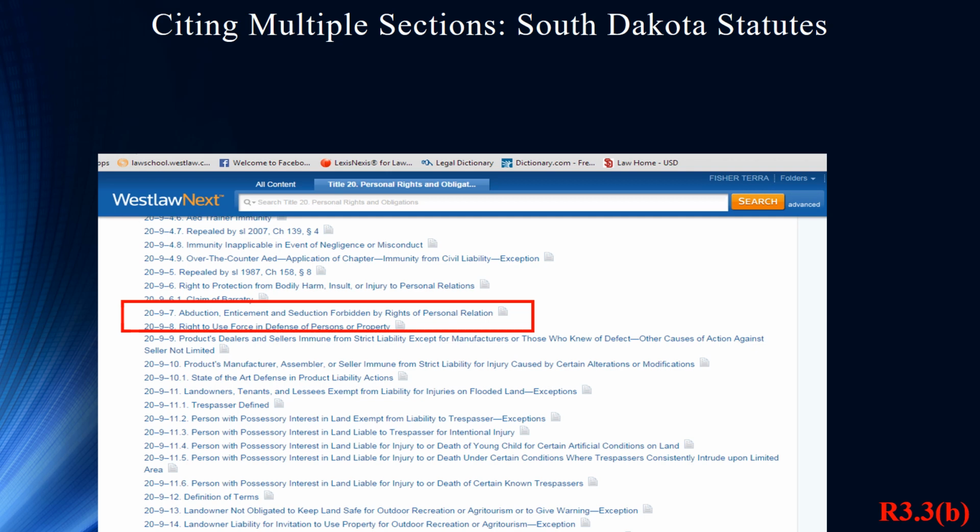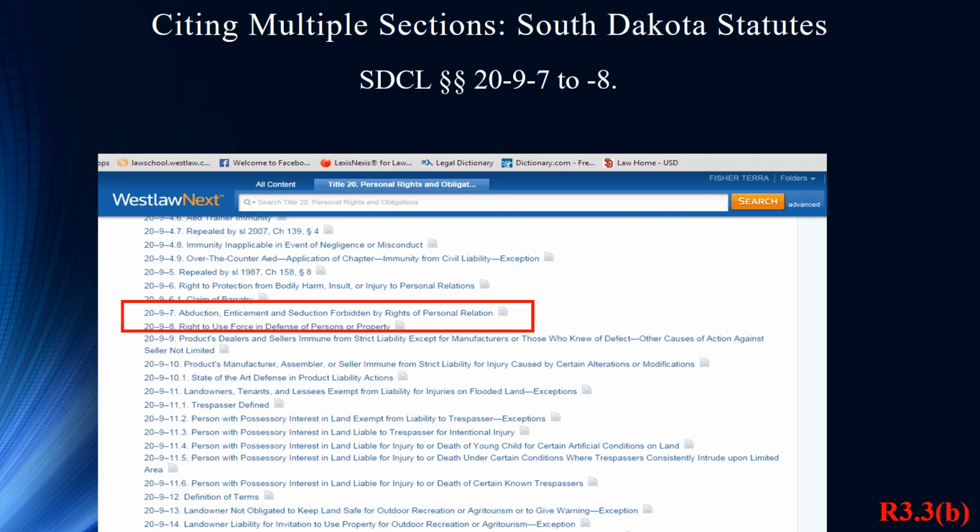If we were to simply cite it as 20-9-7-8, that would confuse the reader. Therefore, according to Rule 3.3 sub B, I'm mentioning this rule multiple times, so you write it down and tab it, hint hint. It would look as follows.